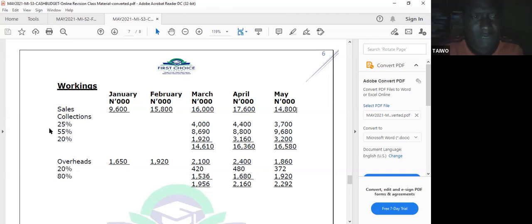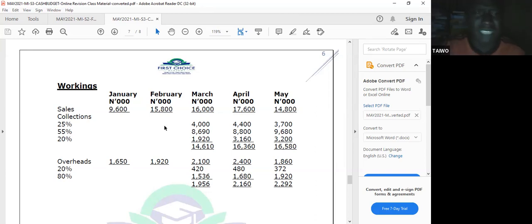It means that 55% of 15.8 is 8,690. Now, 20% of 15.8 will now be paid in when? In April. That means it will be 3,160. So that's what corresponds to 20%. 3,160. I hope you are getting me.